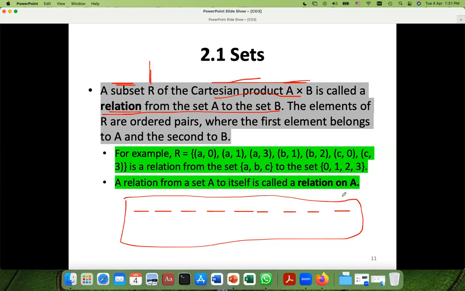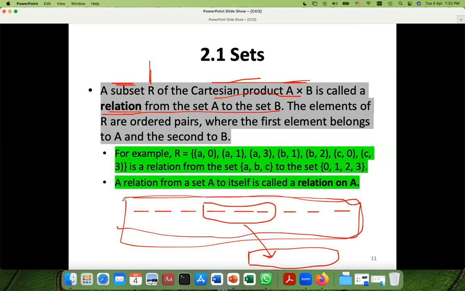Now, if I have something here which is also these pairs, but it is only this portion, and I am keeping it here, then this portion is a subset of this whole Cartesian product. This is true?